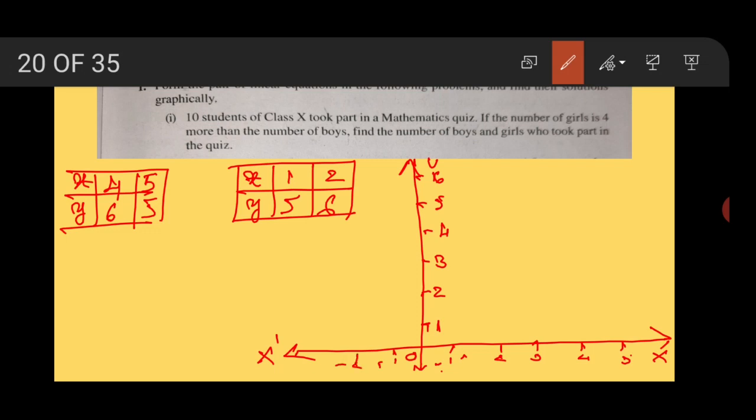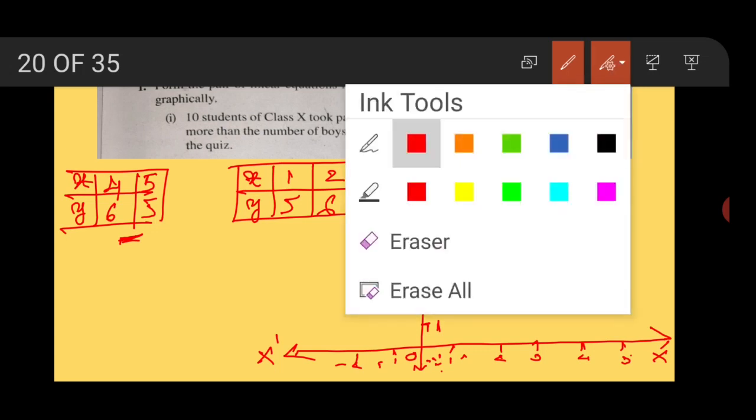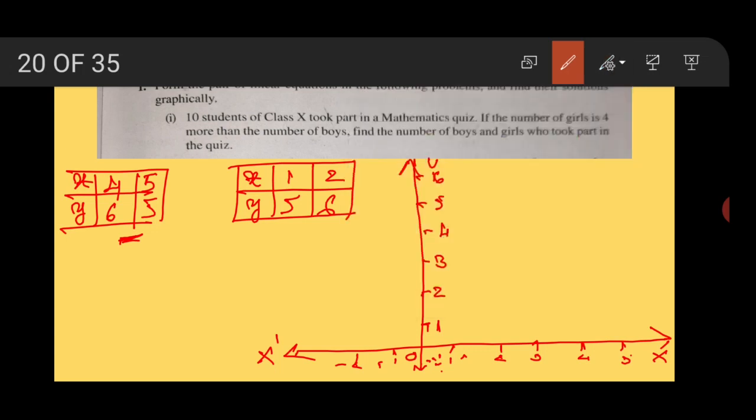Now to this graph, first value table: if the value of x is equal to 4, what is the value of y? y is equal to 6. Note the point, x is equal to 4, y is equal to 6. Where is the point?